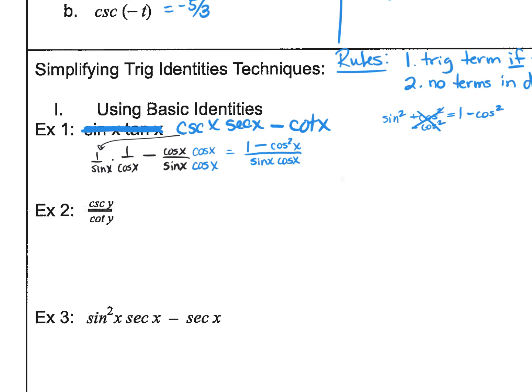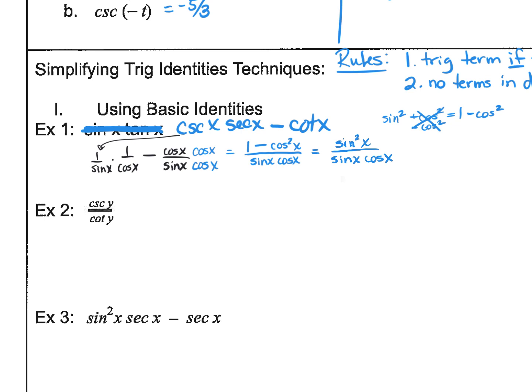So what is 1 minus cosine squared equivalent to? Sine squared. So that's the next step here. 1 minus cosine squared becomes sine squared. Now, are you starting to see where maybe I can do something else?